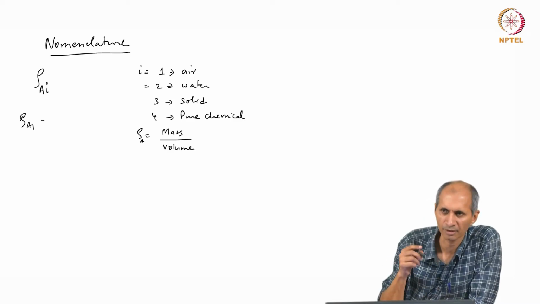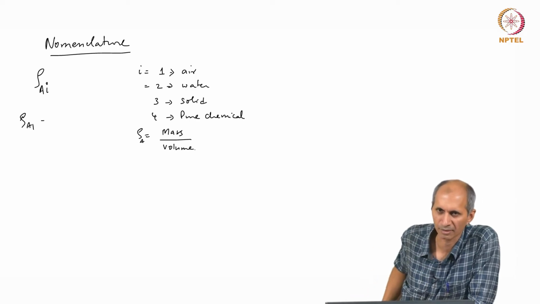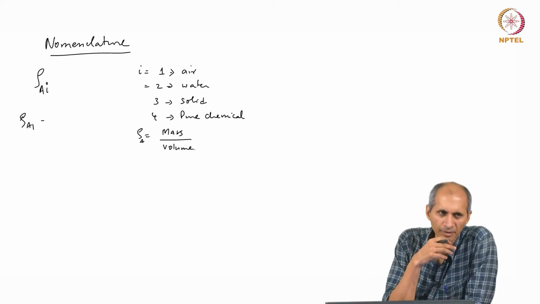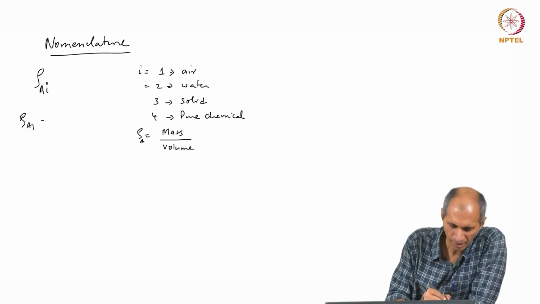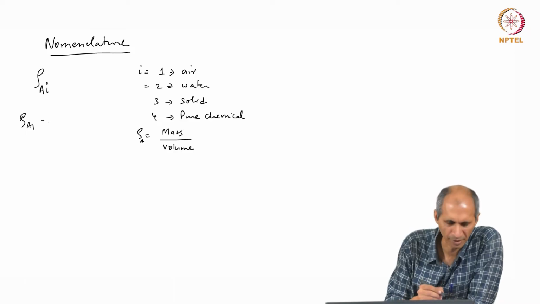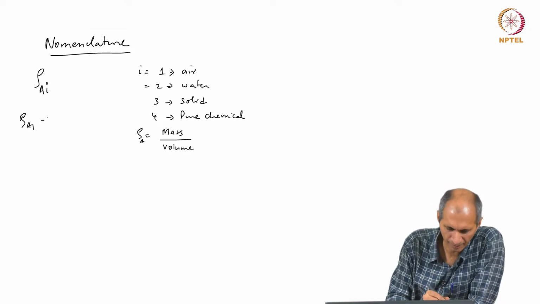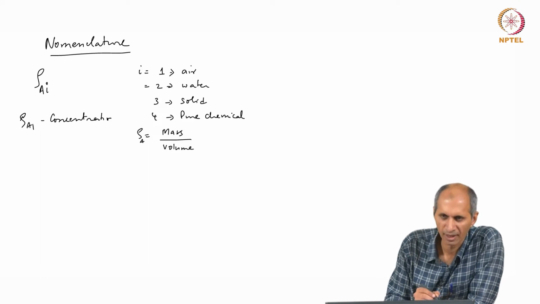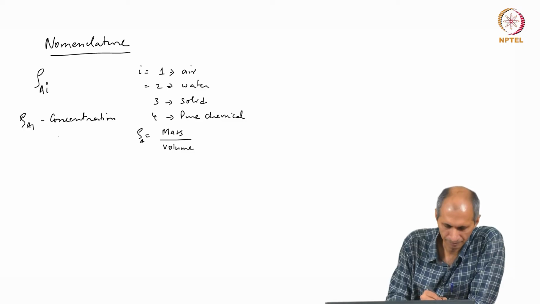When we write rho, it is mass. So all our calculations will be in terms of mass. Whenever you go to the analysis sections, they are all mass per volume. So no moles per volume and all that, because we are not working at that range. So when we say concentration, it is by default in this class mass concentration.